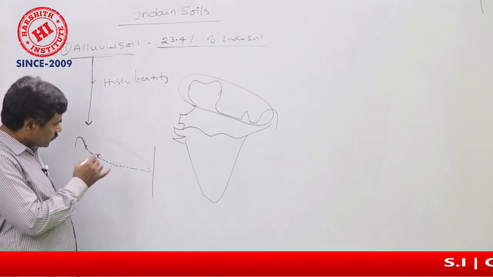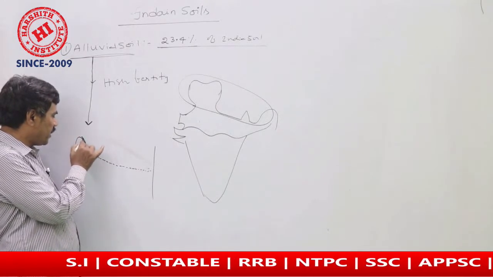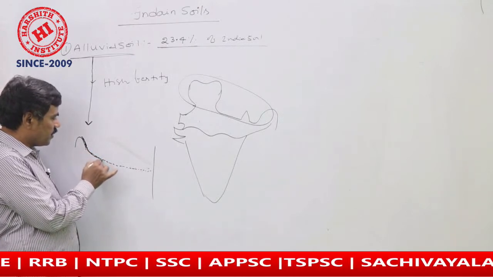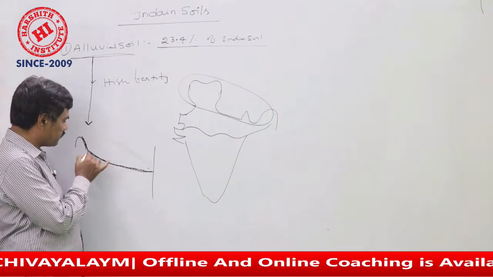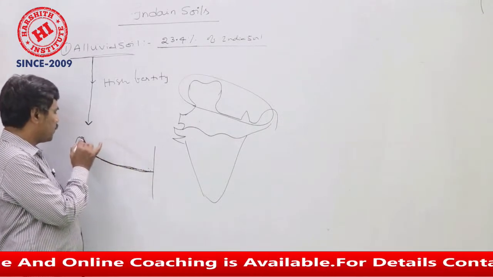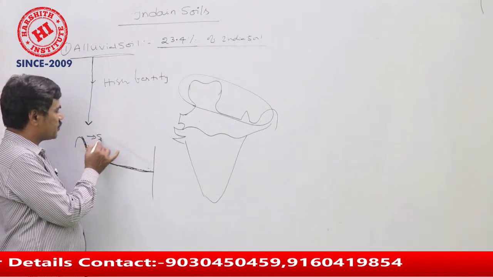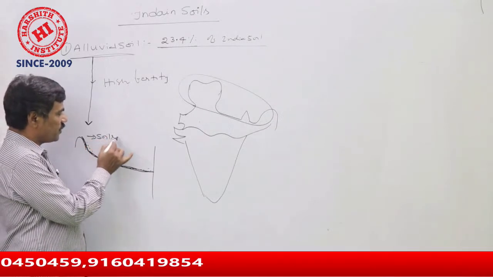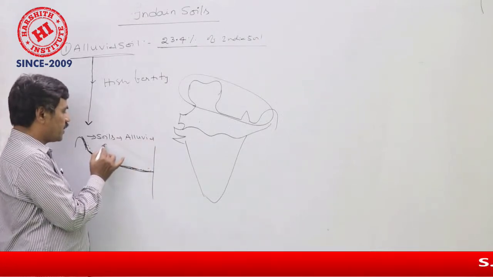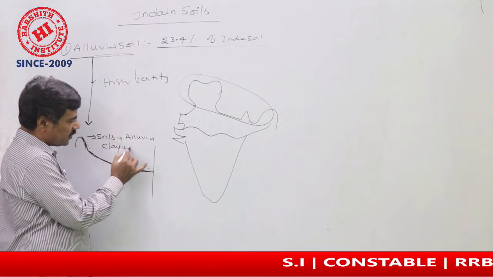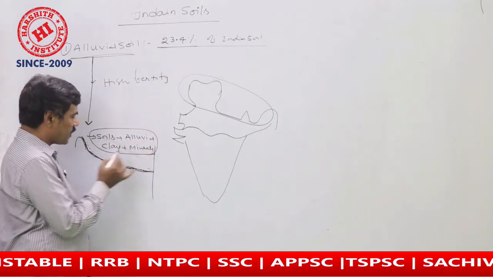From the mountain region, different types of alluvial soil come with the water, and also clay and minerals, all types of compounds come with the water.